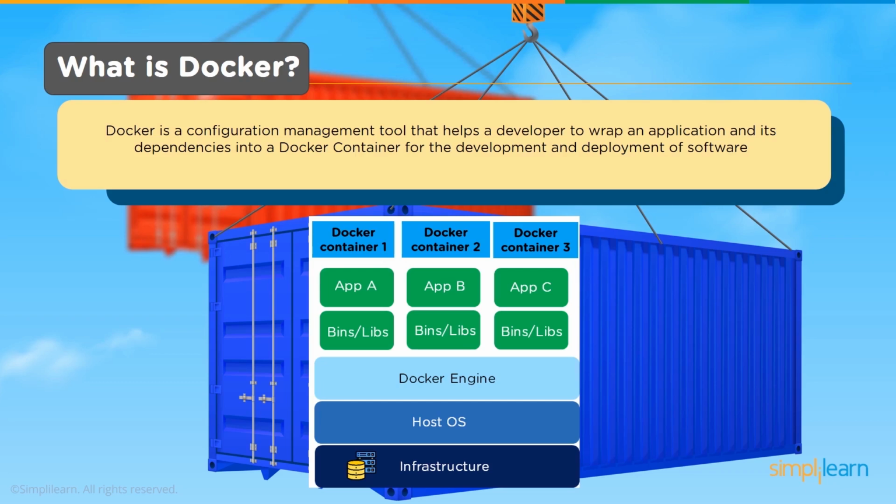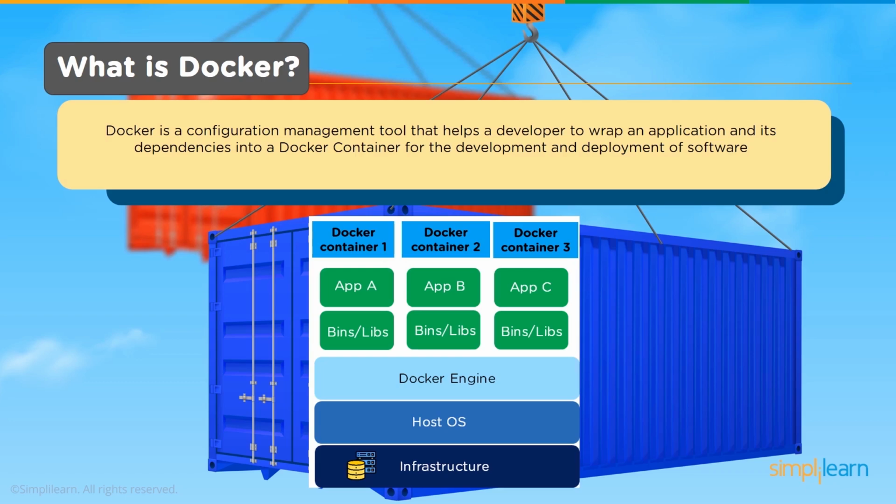The Docker engine takes care of all the internal work, the communication between the operating system and the infrastructure. The Docker engine makes sure the different containers get up and running, and in this diagram we have container 1, container 2 and container 3, and all these containers have their own applications and dependencies bound together.